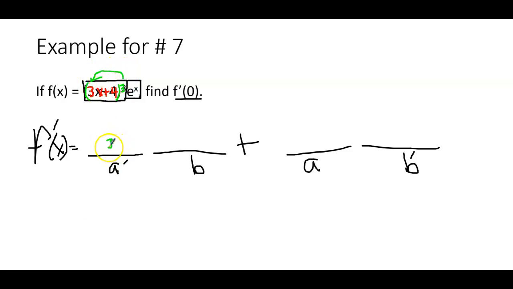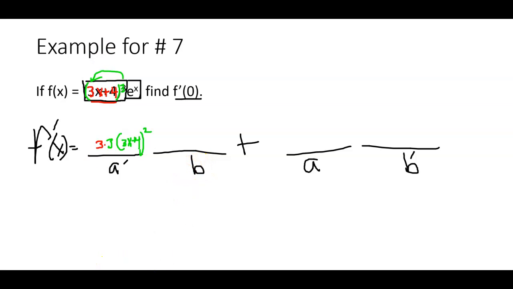So we end up with 3 parentheses. Then we take 1 off the power and keep the inside the same. And then we multiply it by the derivative of the inside. The derivative of the inside is just 3.